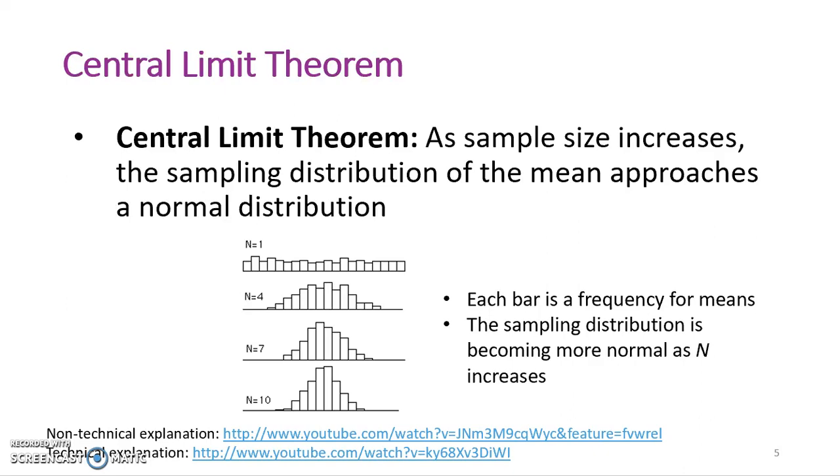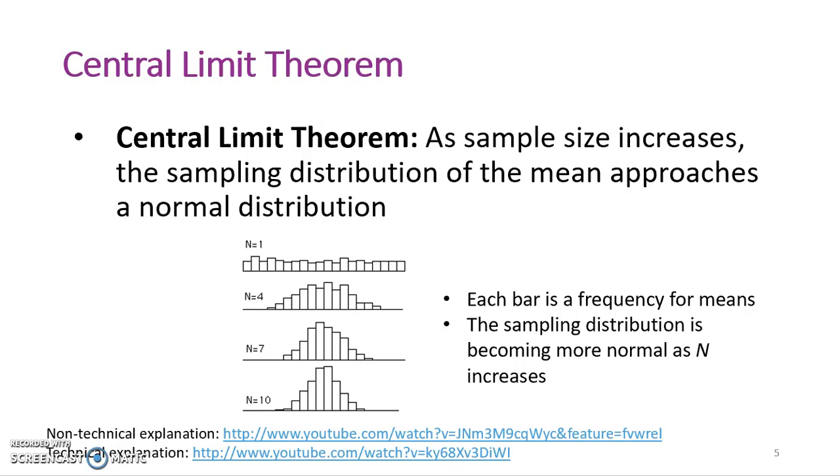The technical name for this phenomenon is the central limit theorem. The central limit theorem is a mathematical theorem that states that as sample size increases, the sampling distribution of the mean approaches a normal distribution.